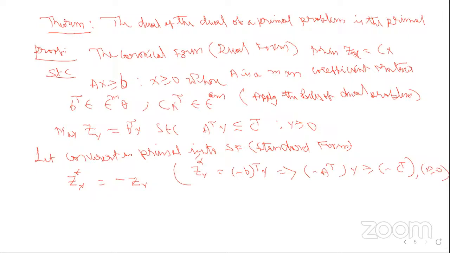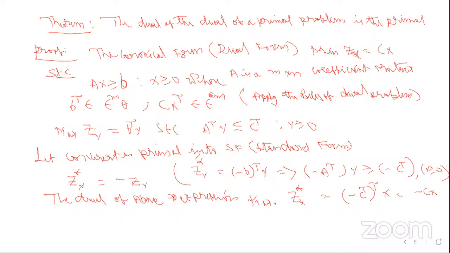So the dual of the above expression is: maximize, max z star equal to minus c transpose whole transpose x, that equals minus cx, subject to minus A transpose whole transpose x less than or equal to minus b transpose whole transpose.